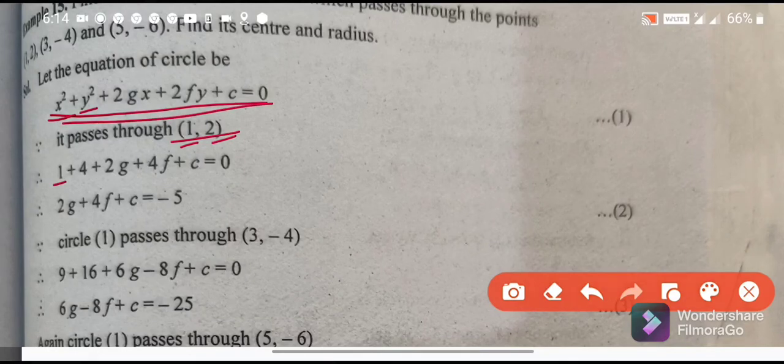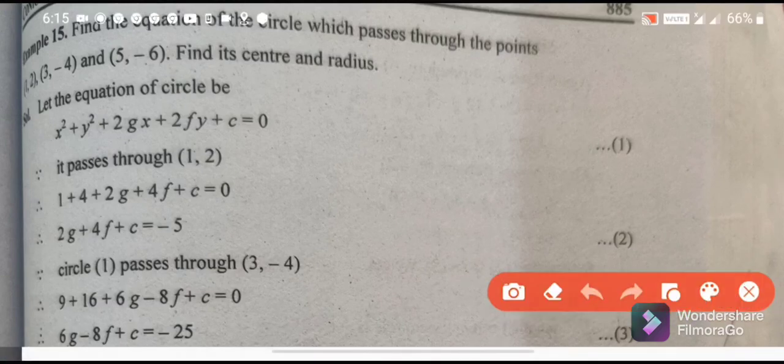1 square is equal to 1, 2 square is 4, then 2gx, 2g and x is equal to 1, 2g plus 4f, because 2f and y is equal to 2, 2 multiplied by 2 is equal to 4, plus c is equal to 0. Now by solving this equation, 2g plus 4f plus c is equal to -5.